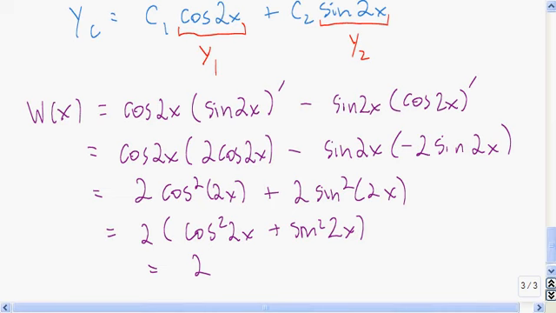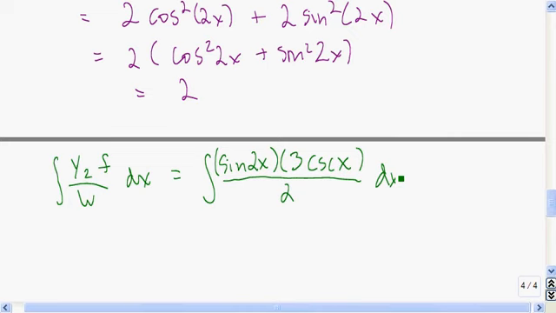All right, so next up we find our two integrals. So for the first one, we get the integral of y2 times f over w dx. So we just substitute all those functions in. And we're going to clean this up here by writing cosecant of x as 1 over sine of x.